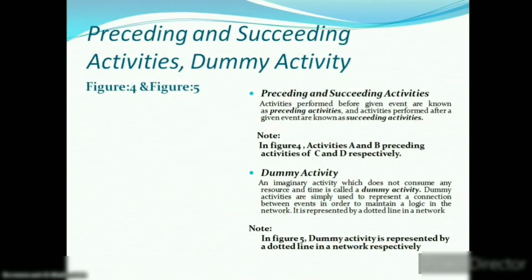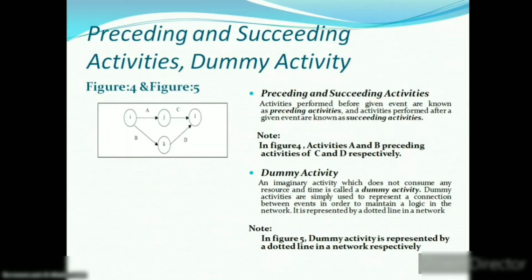Now we are moving to discuss preceding and succeeding activities. Activities performed before a given event are known as preceding activities, and activities performed after the given event are known as succeeding activities. As you can see in figure 4, there are 4 activities: A, B, C and D, represented by arrows.